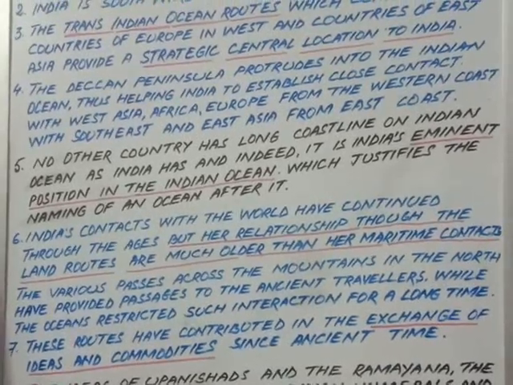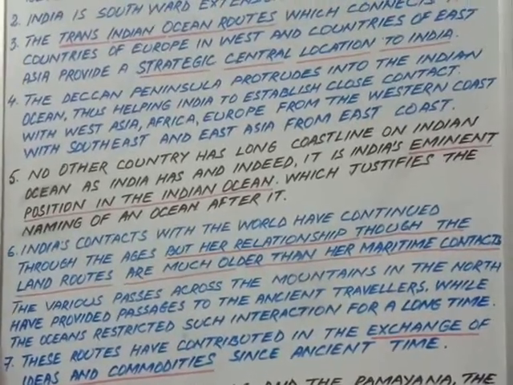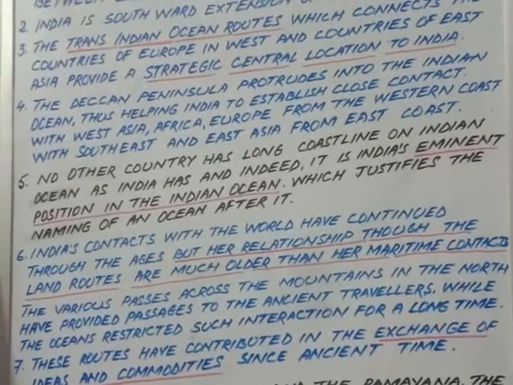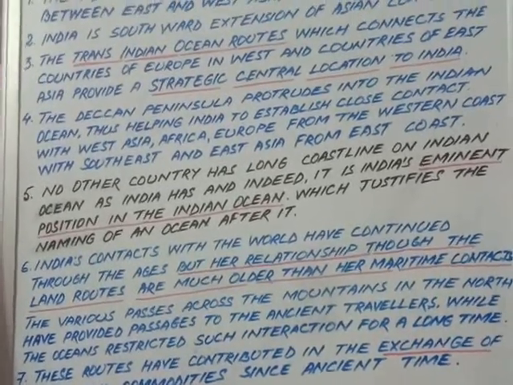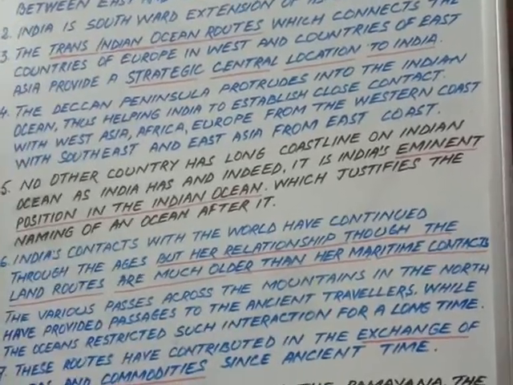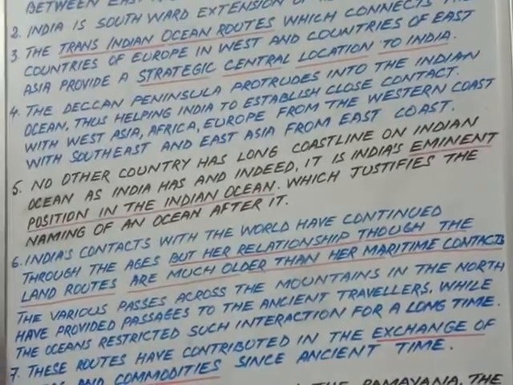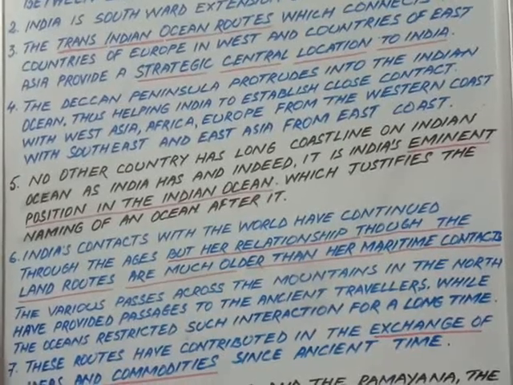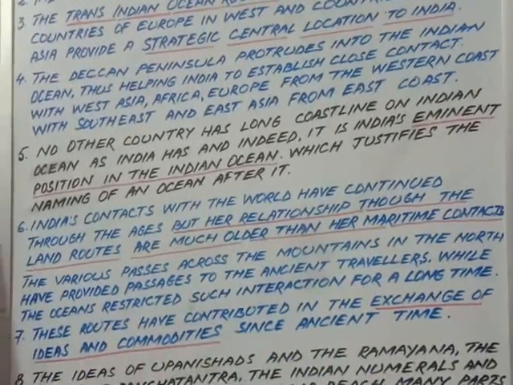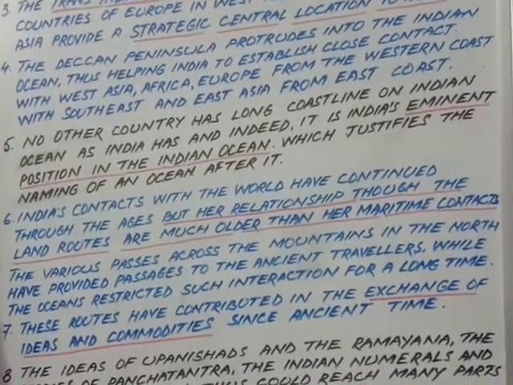Like in history, you have read about Huan Shang. Huan Shang was a Chinese traveler who reached India, and he reached Nalanda University where he studied Buddhism and all those things. He came through the Himalayan passes, and these types of passes in the Himalayan region have helped us a lot.